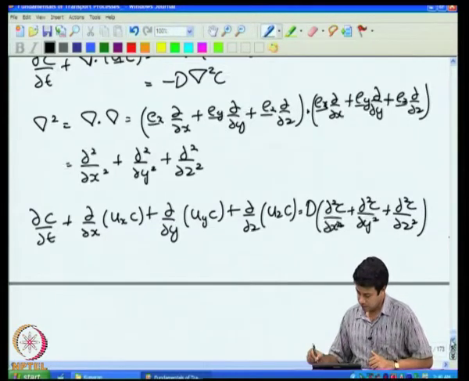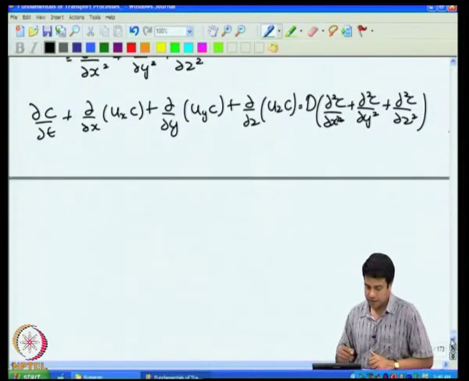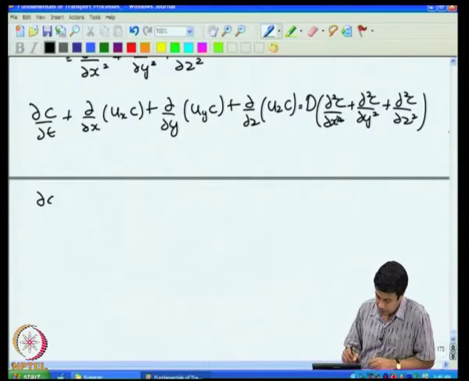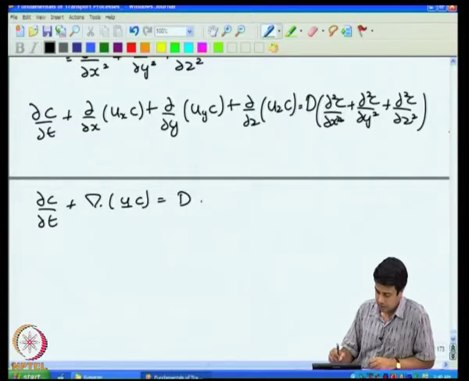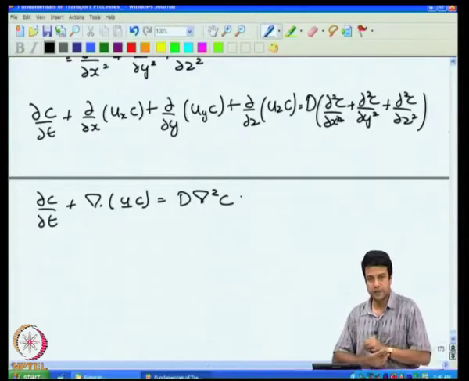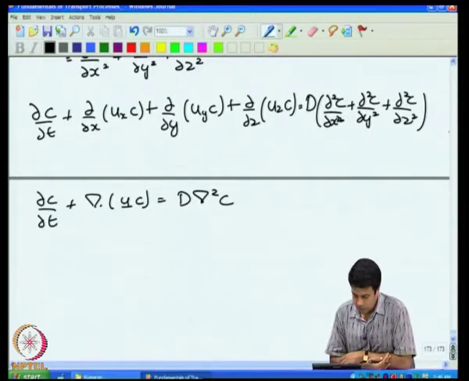Alternatively, I can also express this as dc by dt plus divergence of uc is equal to D del square c. Okay. So, this is the general mass conservation equation for a 3-dimensional Cartesian coordinate system.